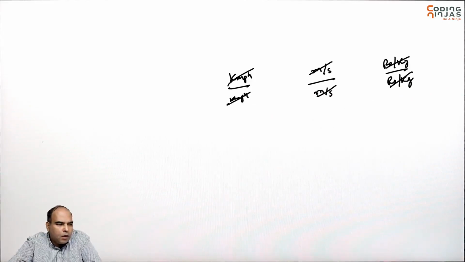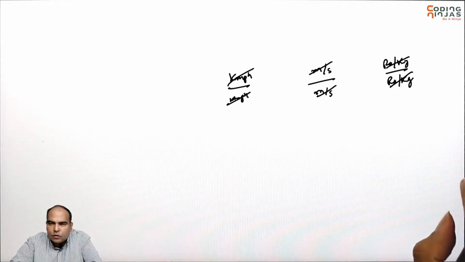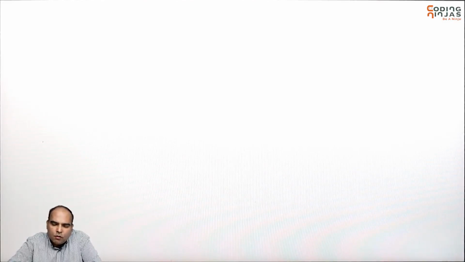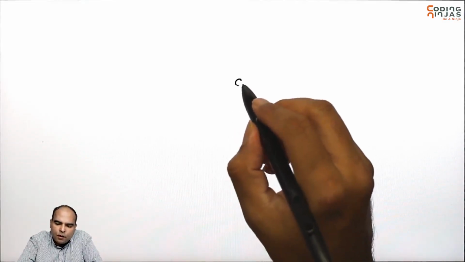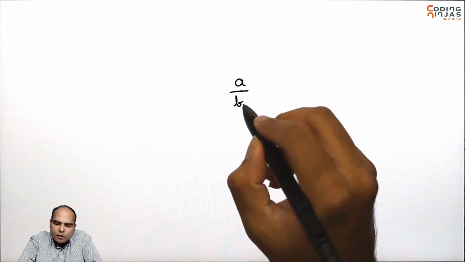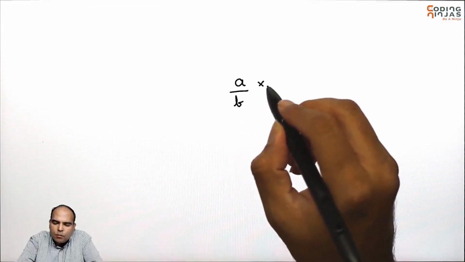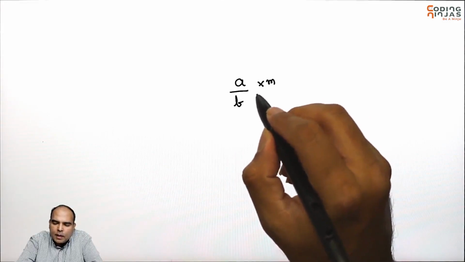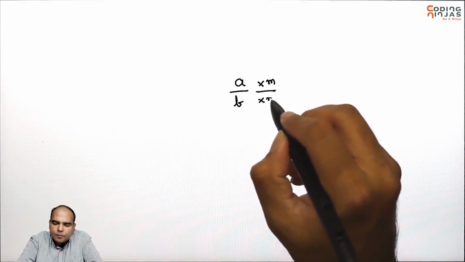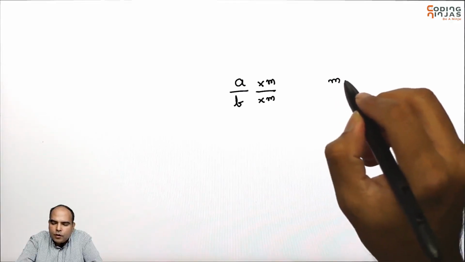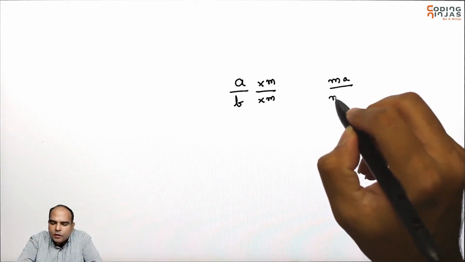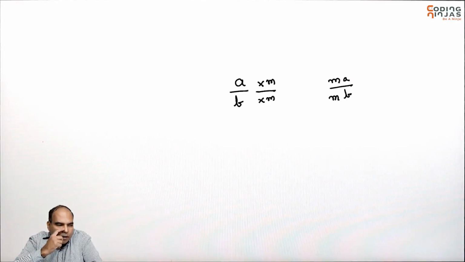Now there are a few important properties of ratios that you should know. If you have a ratio A by B and you multiply both the numerator and denominator by the same number, the ratio does not change. MA by MB is the same as the original ratio.